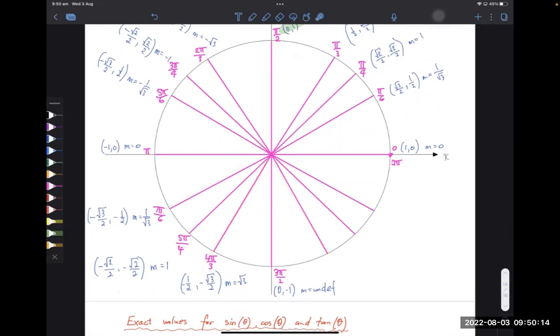Sorry. 9 pi on 6 is the same as? Is it 10 pi on 6? Okay, simplify.